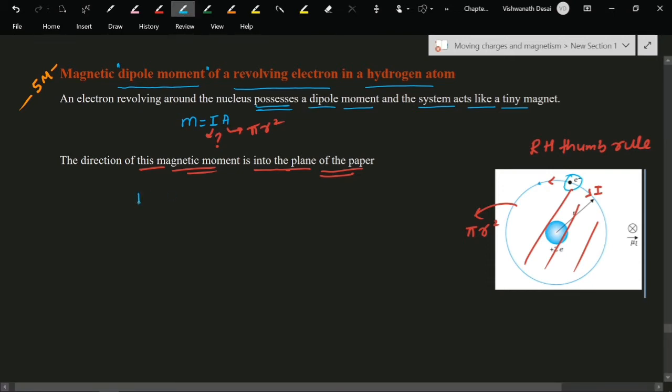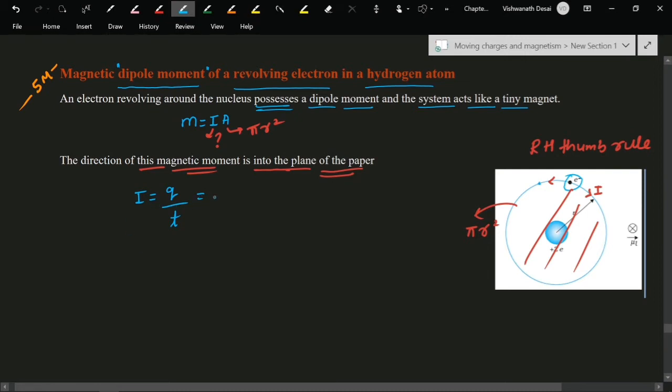Therefore, we know the current formula. Where do you get the current? Since the charge is moving, the electron is moving, that produces a current. So the current I is equal to Q divided by T, the very basic formula of current, by the definition of current.